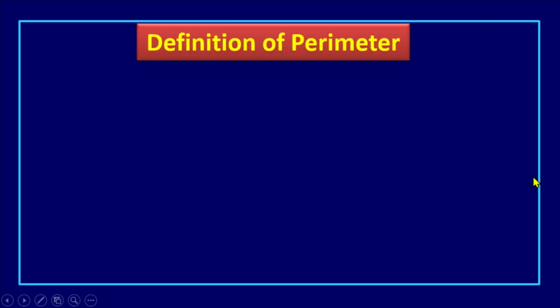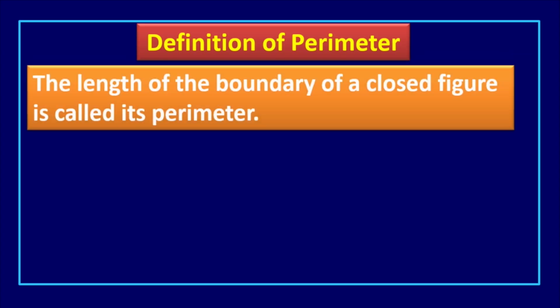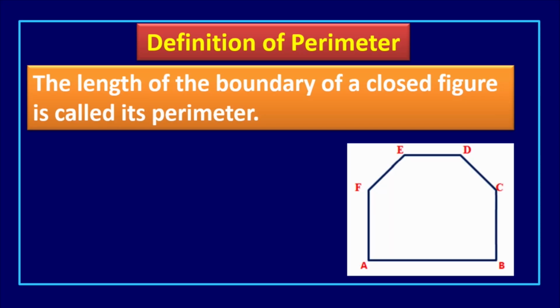Now children, let us see the definition of perimeter. The length of the boundary of a closed figure is called its perimeter. Now let us take an image shown on your screen, children. Here ABCDEF is a closed figure. We call it a polygon, isn't it children?